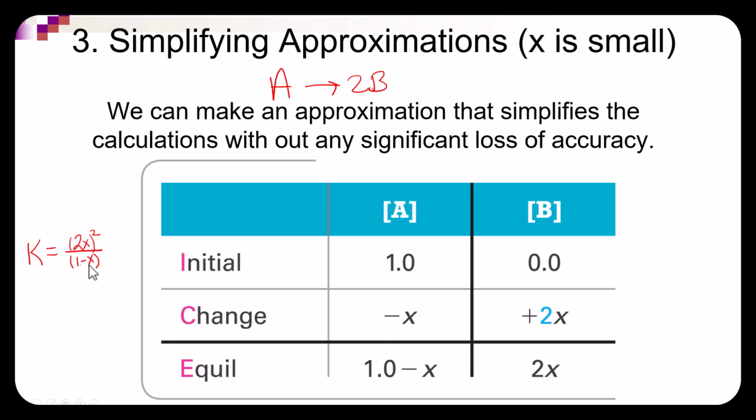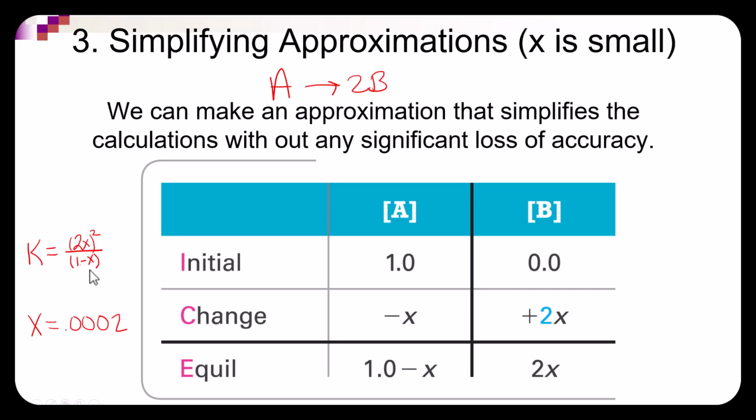So if I can assume that this x value is significantly smaller than 1, we'll say that subtracting that number doesn't really change the answer that much. Okay? So for example, what if we end up determining that x equals 0.0002?